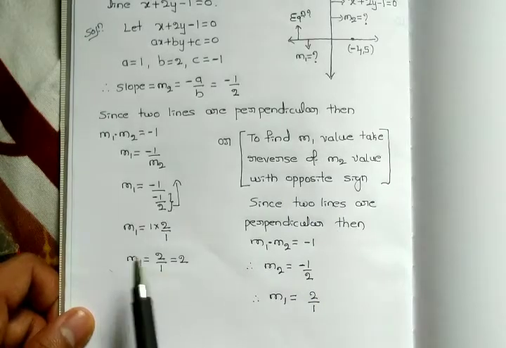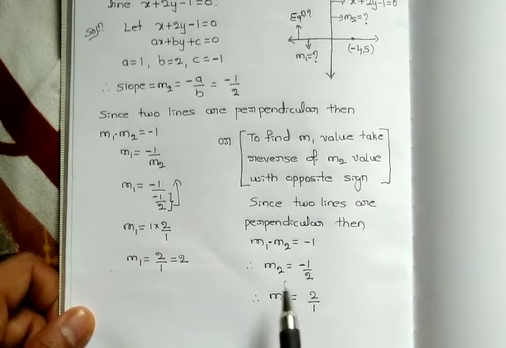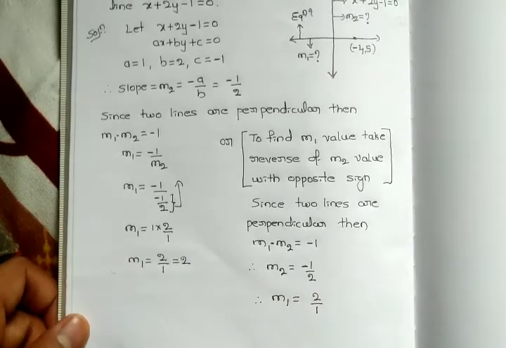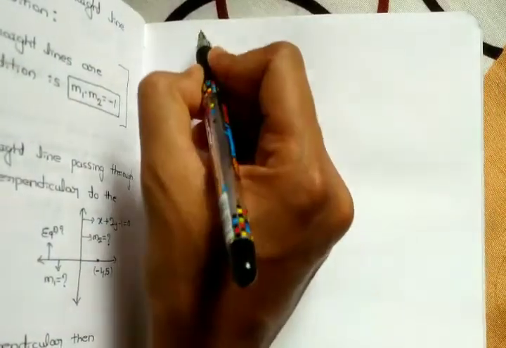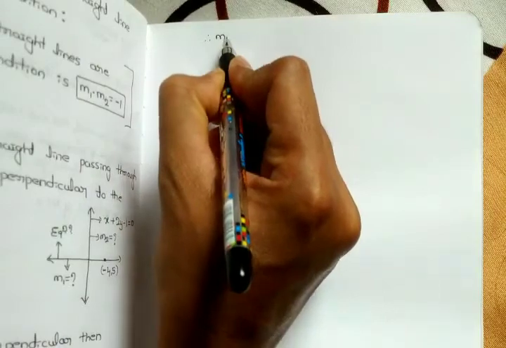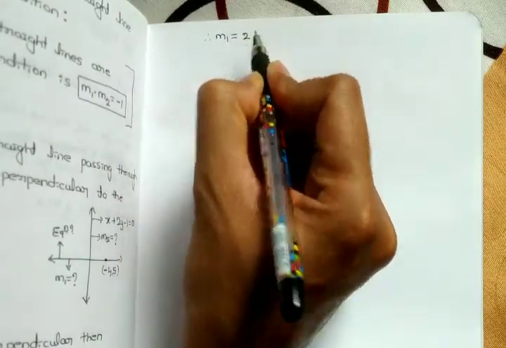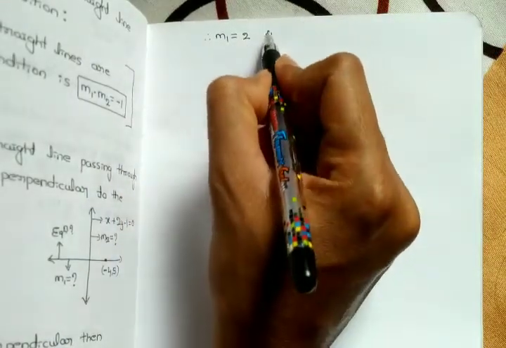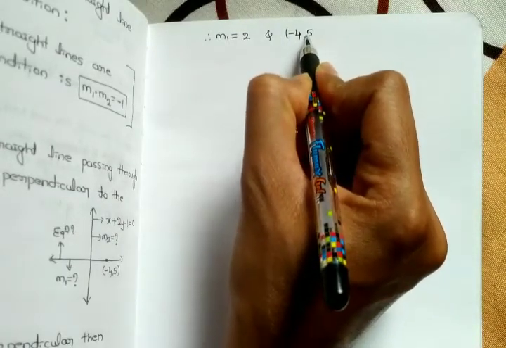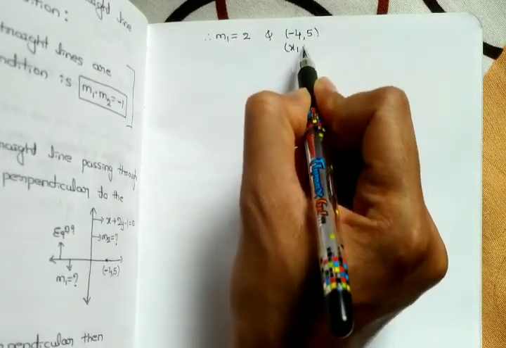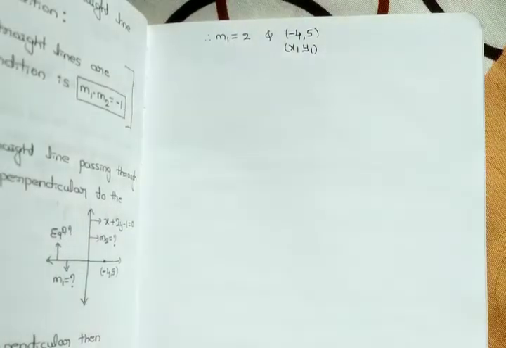Both are correct, so whichever you feel is easy, use that method. So finally you got the m1 value. Now you need the equation. Therefore m1 is equal to 2 and one point is already given, (-4, 5). Consider it as (x1, y1).